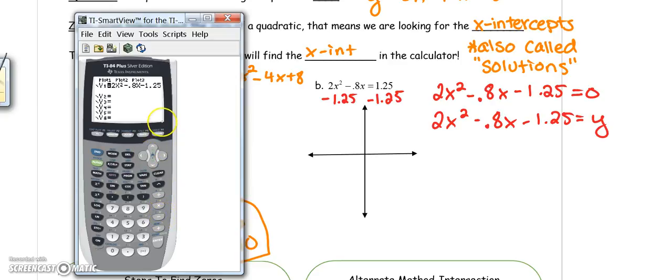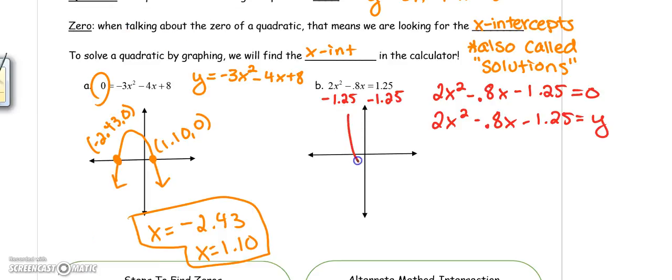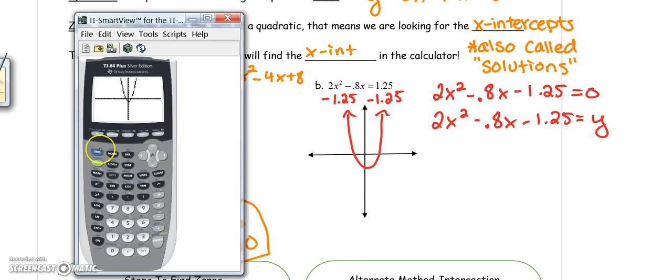Alright, so I've got that minus sign in there now. I'm going to hit my graph. The reason I knew I made a mistake there was because that first graph was not touching the x-axis. And if it's not touching the x-axis, there's no solutions. Alright, so I'm going to start with a quick sketch. So it looked something like this. And we can find our two zeros.